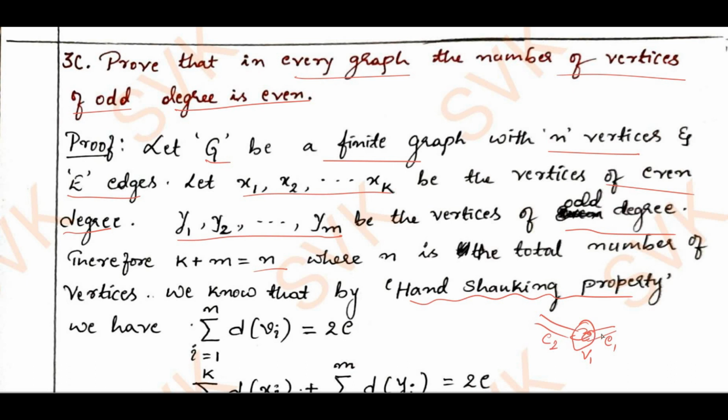Two ends are joining together and making two edges here. Therefore the degree of vertex V1 will be equal to 2. You understood?